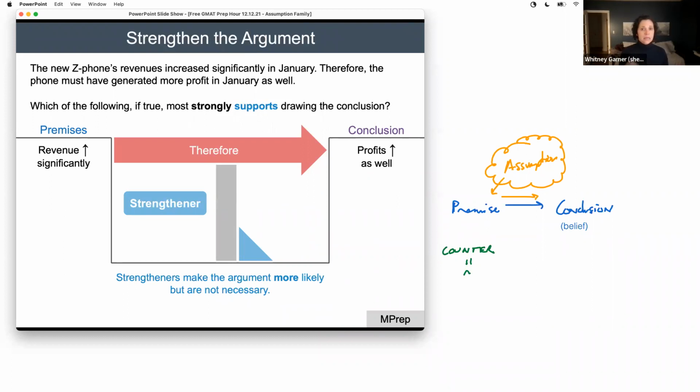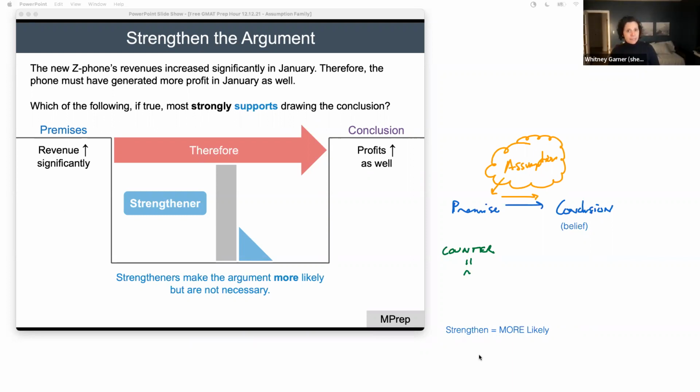Okay, so strengthen equals more likely. And keep that in mind, and I'll jot this down over here for us too. But so strengthen means more likely. It doesn't have to be a perfect sell, right? It may just subtly help. So if my revenue went up significantly, and I want to believe that my profits also went up, what are some things that might strengthen my conclusion?